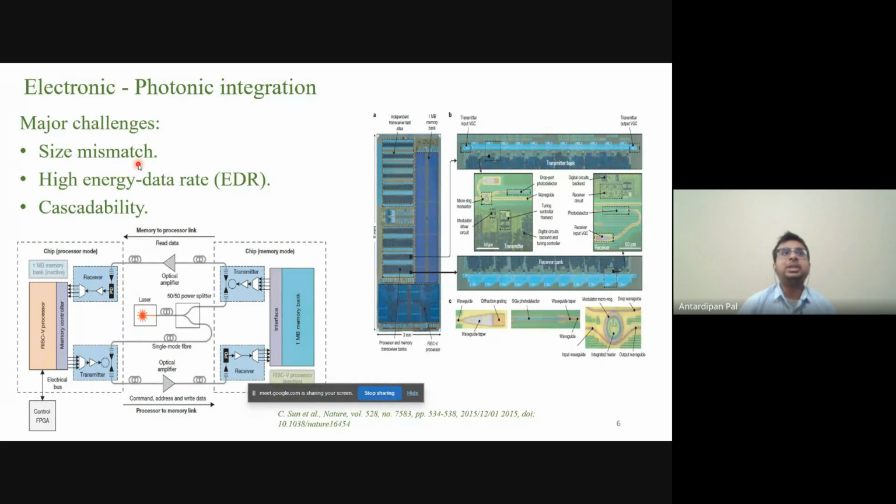Size mismatch means, as all of you know, electronic circuits can be miniaturized. You hear about TSMC's latest 2 nanometer chip, which will probably be used by Apple in their upcoming iPhones. Even the iPhone 16 probably uses the TSMC 3 nanometer process. So electronic components can be really miniaturized.